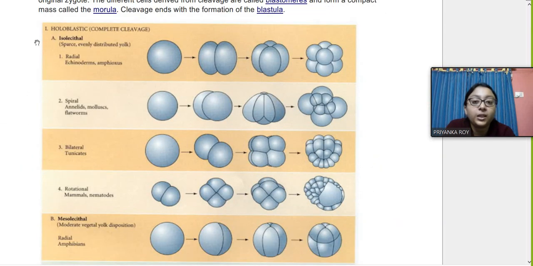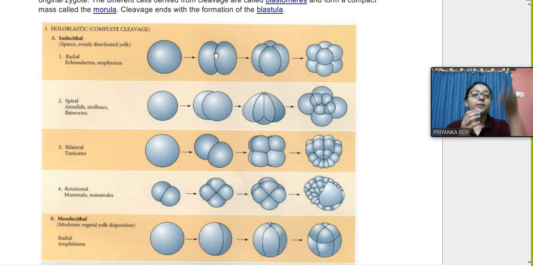Here also, if you see, when it is an isolecithal egg that is evenly distributed, then there can be a radial cleavage, and there will be a spiral cleavage just like that. When the axis is spiral, one cell will divide here, the other cell will divide here, the other cell here, the other cell here, so it will form a structure like this.